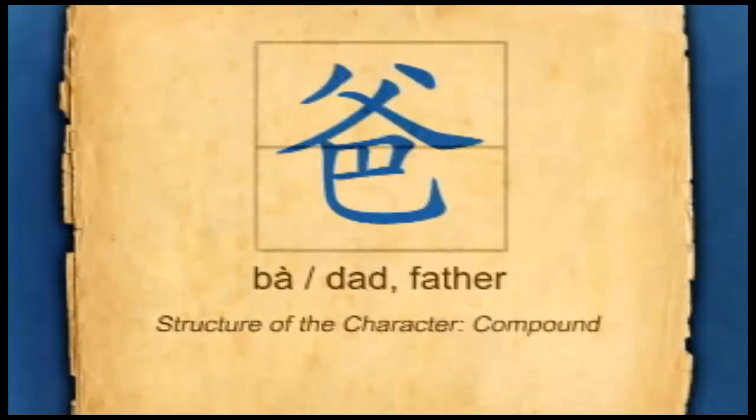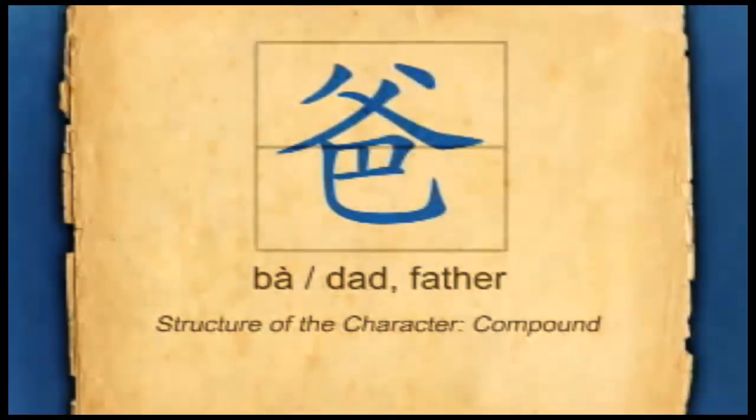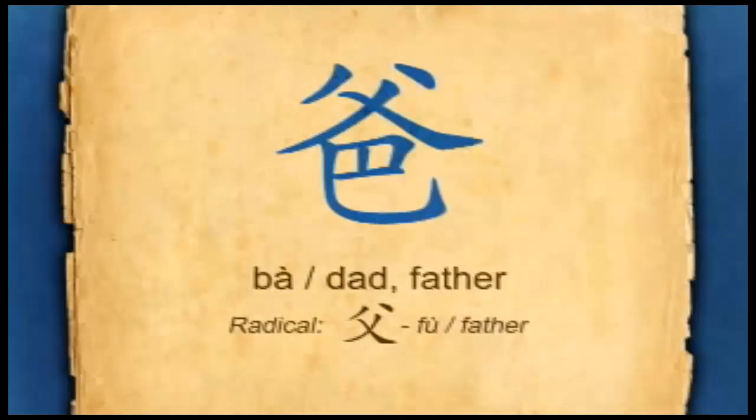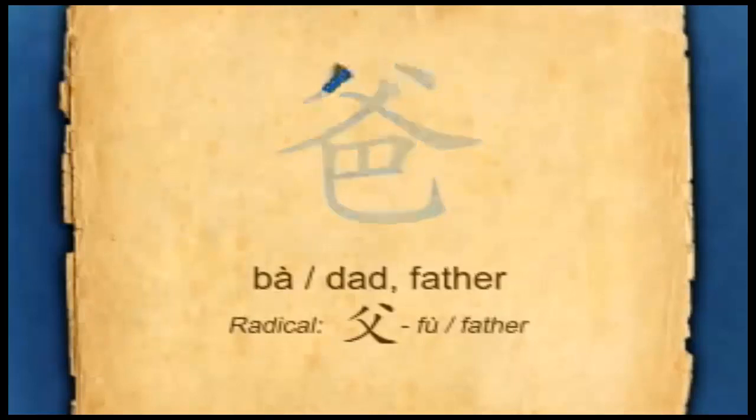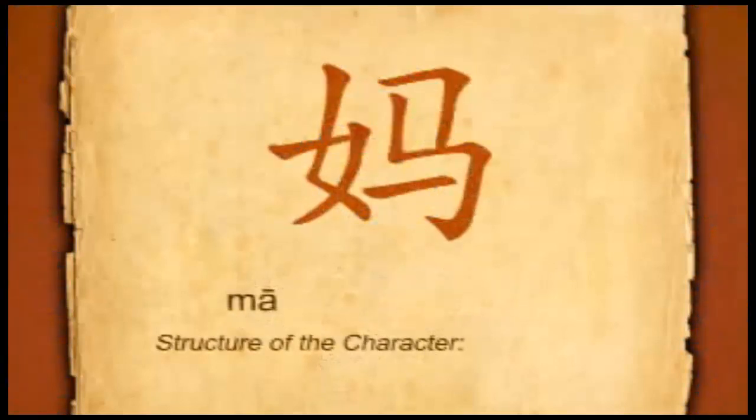The radical for 爸 is found on the top part. It also means father. This radical, called 父, was originally a picture of a hand with a stone axe. How many strokes are in 爸? There are 8.